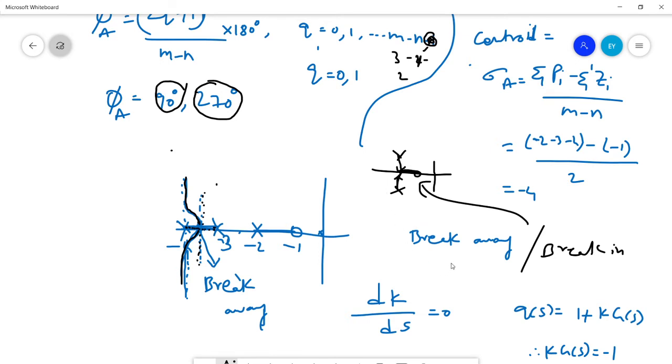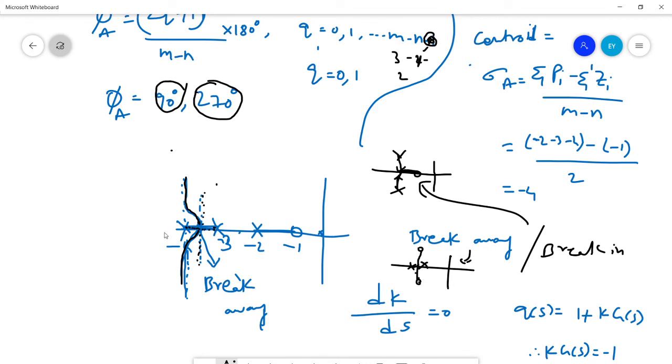When you consider poles on the real axis and somewhere zeros on the imaginary axis or at infinity, as we know, the locus will start from the pole and deviate towards the zero. The point at which the locus deviates on the real axis is the breakaway point, right? So this is the breakaway point and this is the break-in point.